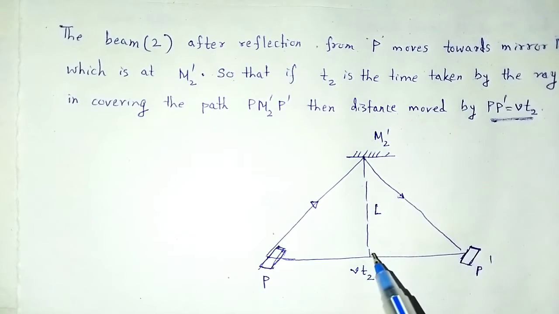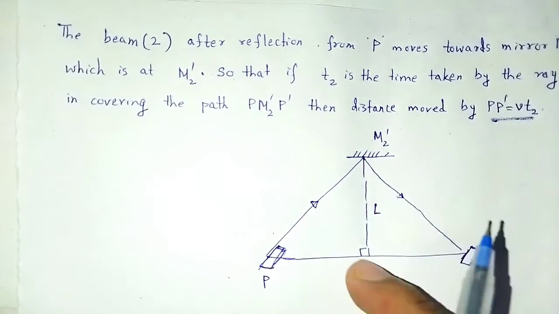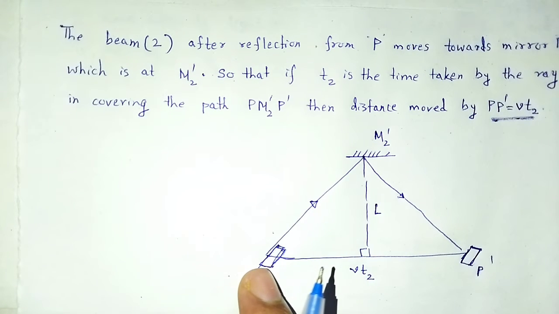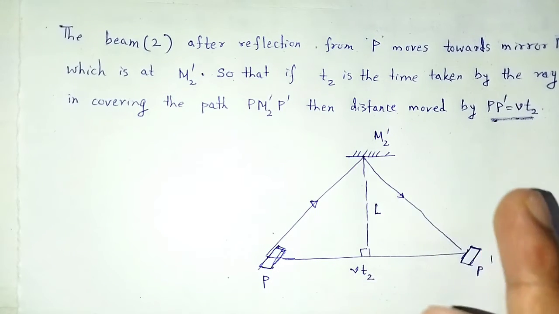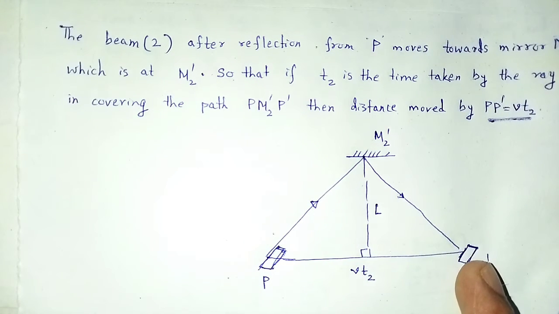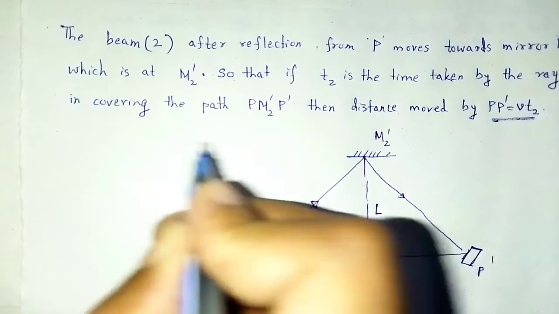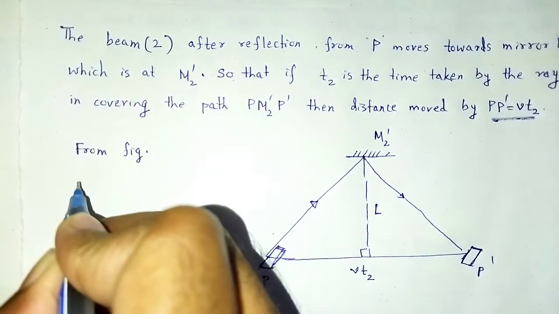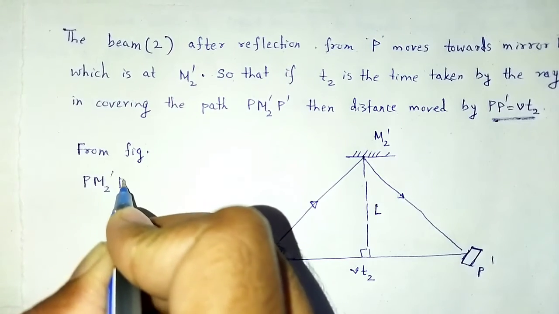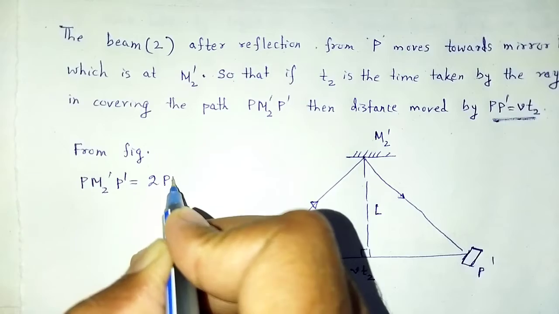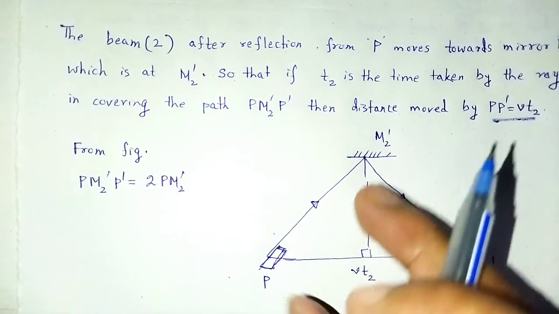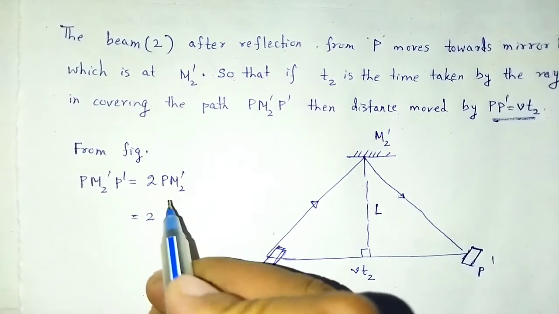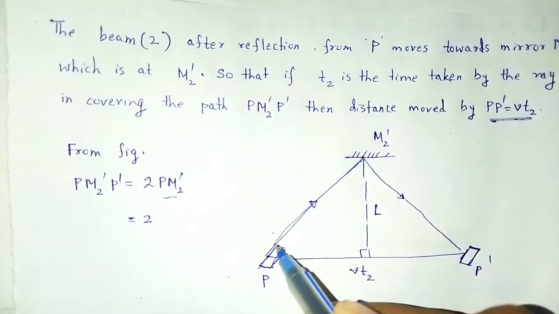From that figure, this is the right angle triangle, that's why P M2 dash P dash is equal to 2 times P M2 dash.